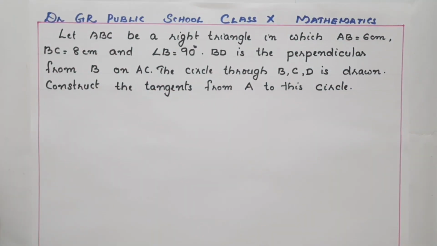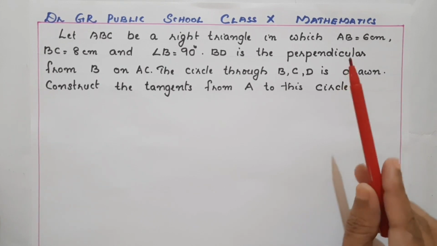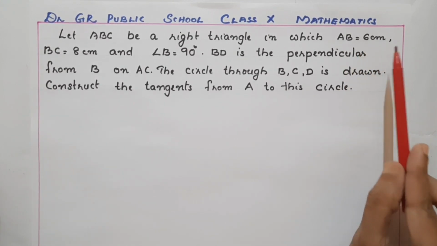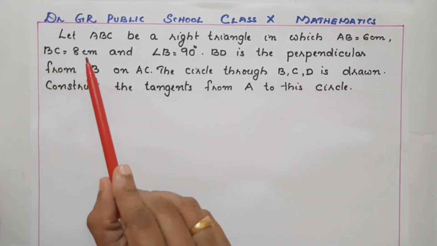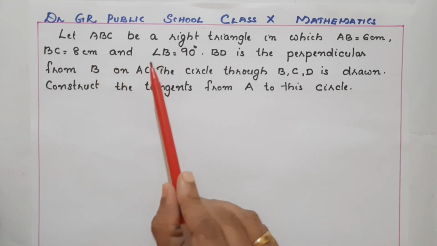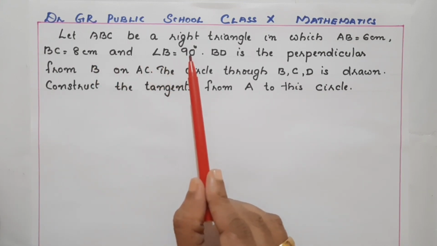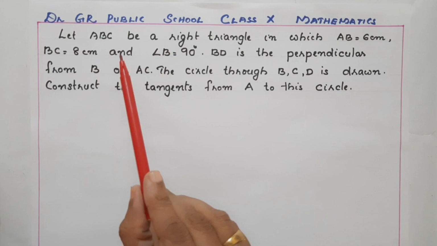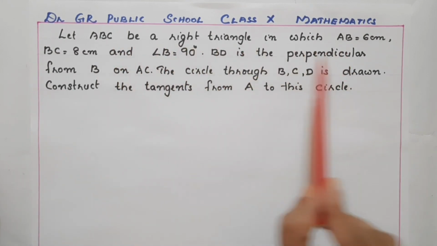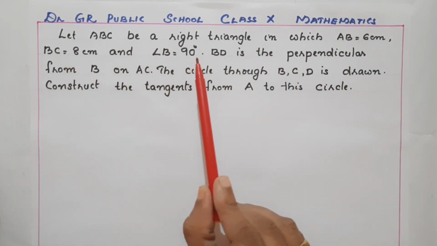Now the third question is, let ABC be a right triangle in which AB equal to 6 centimeter, BC equal to 8 centimeter and angle B equal to 90 degree. So first we have to construct a right triangle with these given measurements.